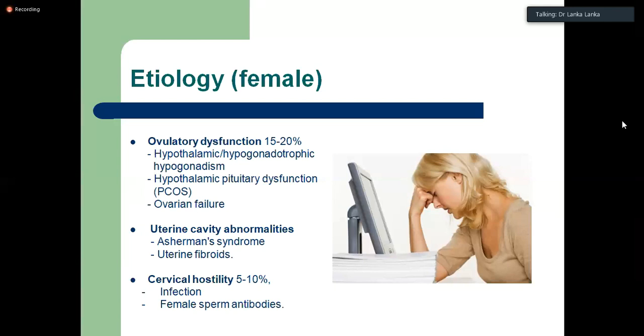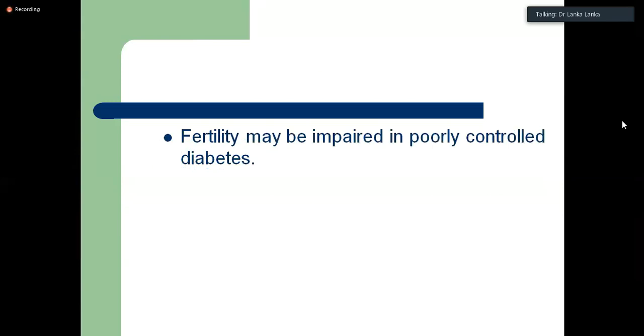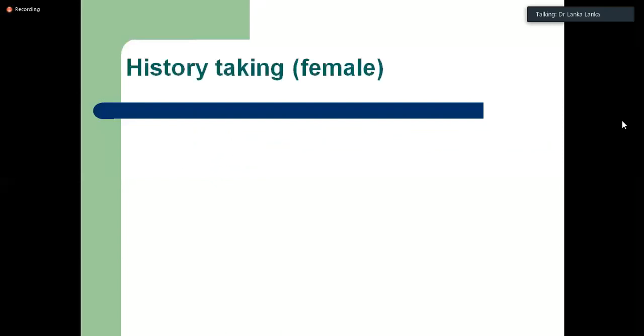Those are the main four things responsible for female subfertility. As you know, any chronic disease can cause subfertility, like poorly controlled diabetes, thyroid dysfunction, renal disease. Generally it alters the whole body, and if it's a whole body issue, then most of them are subfertile unless it is well controlled.